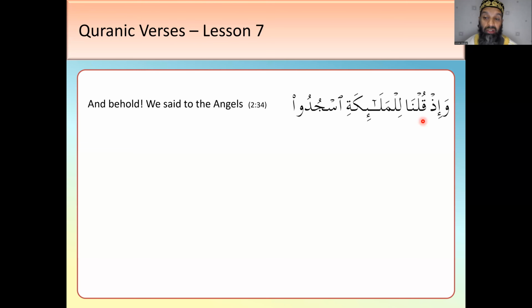So, وَإِذْ قُلْنَا, and behold, we said, okay, we said, lil malaikati. So here, what is malaikati? Okay, you've translated for the angels. If you understood for, this li means for the angels, you're going to know that that doesn't make sense. So you're going to know yourself that, okay, when we said to the angels, right?